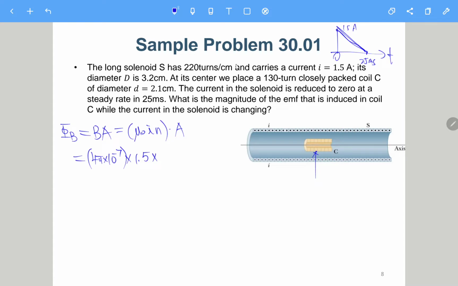So it is 220 times 100, so it becomes 22,000.